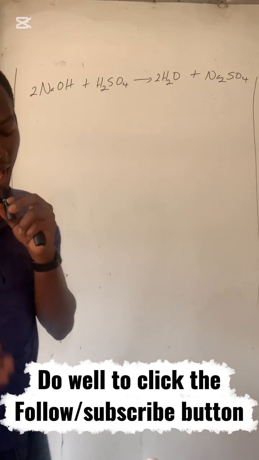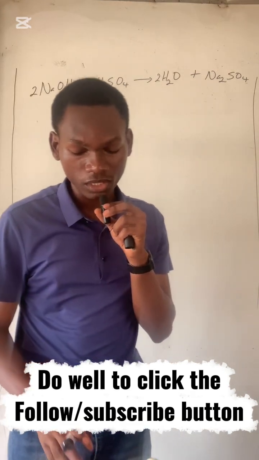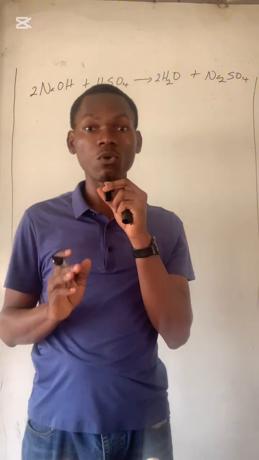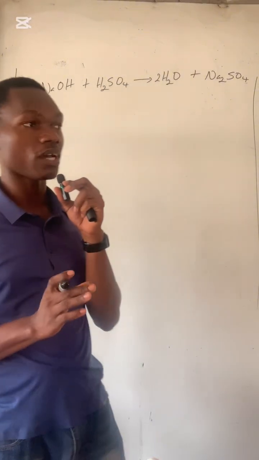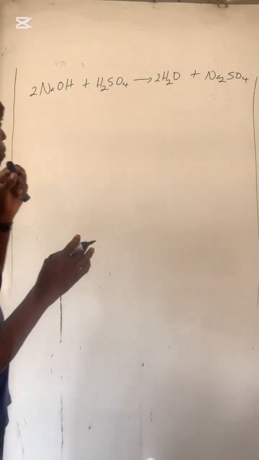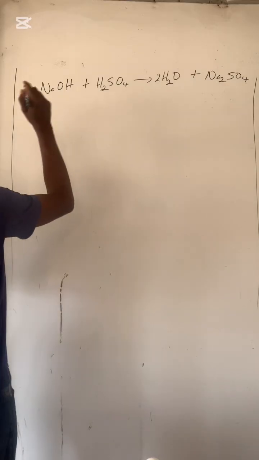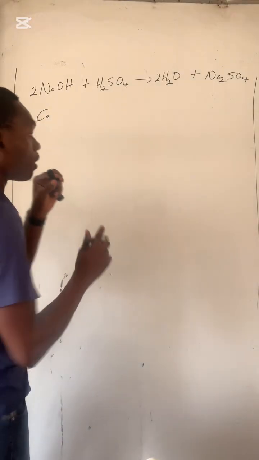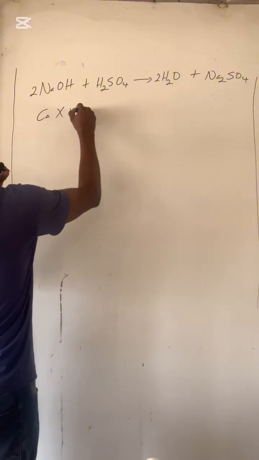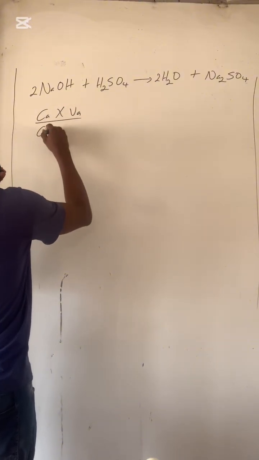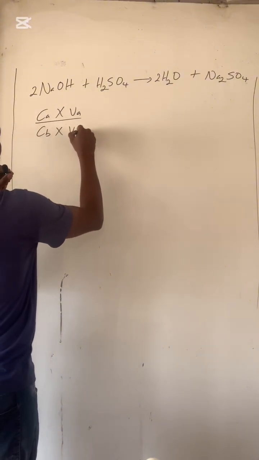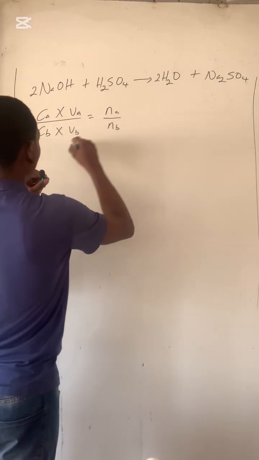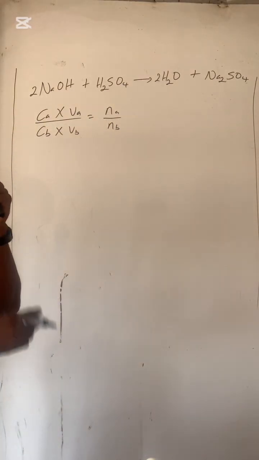Now the second part, we are asked to calculate the concentration of the acid in mole per dm³. Very easy. How do we calculate it? We use this formula: concentration of acid times volume of acid over concentration of base times volume of base equals number of acid over number of base. Now, what do all these parameters mean?